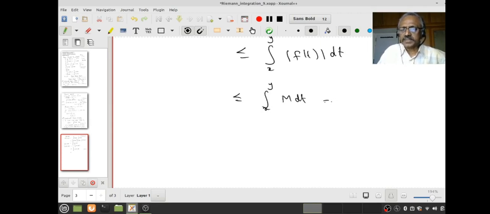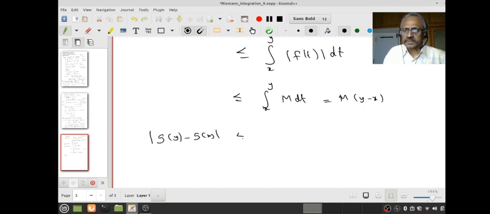But M is a constant that we know how to integrate. This is M times (y minus x). We had already done that. Have you understood? Therefore I have proved that modulus g(y) minus g(x) is less than or equal to M times modulus y minus x. Because y is greater than x, it's the same as y minus x. So what do you think I have proved?